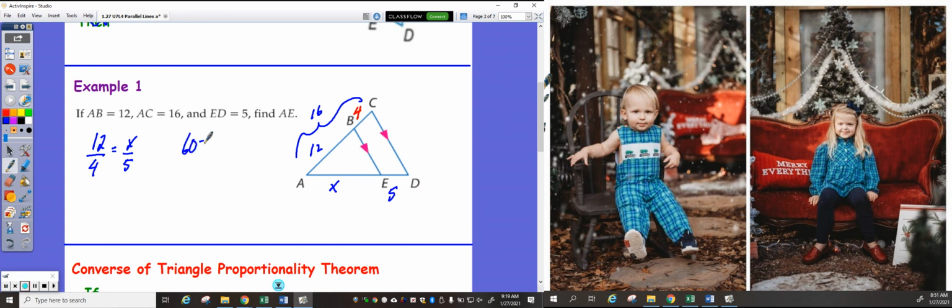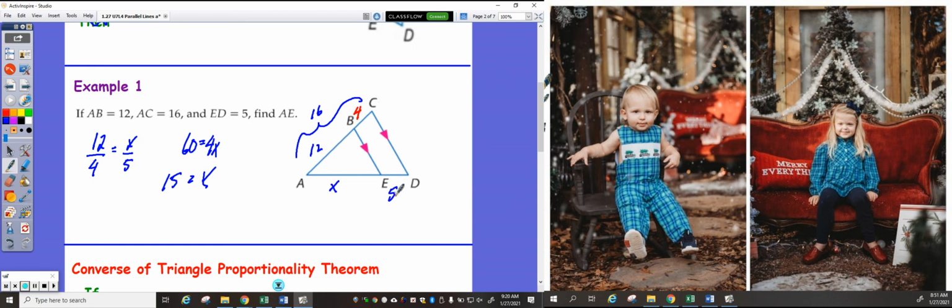So 60 equals 4x, x equals 15. Okay? You with me? So if this is parallel to this, then this over this equals this over this.